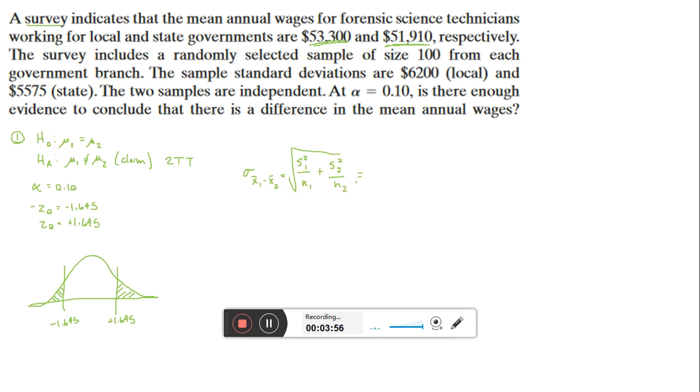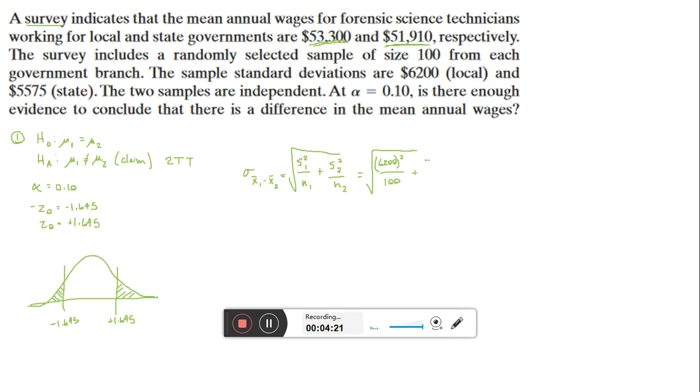Now let's plug in some of the values. What's the standard deviation for the first category, the local government category? The standard deviation was 6,200, and I'm going to square that. What was the sample size? Of course, 100.